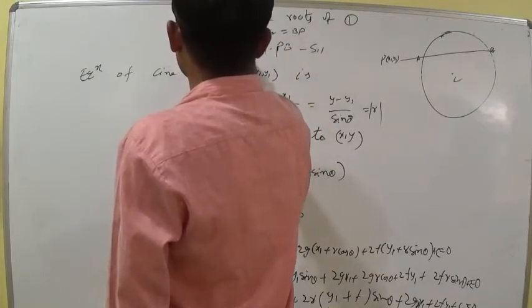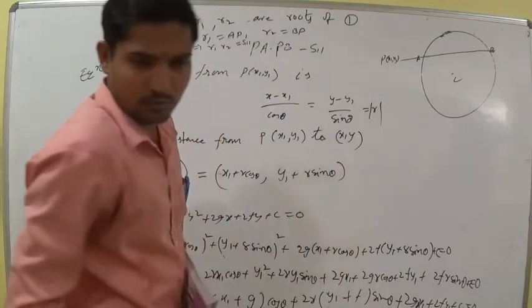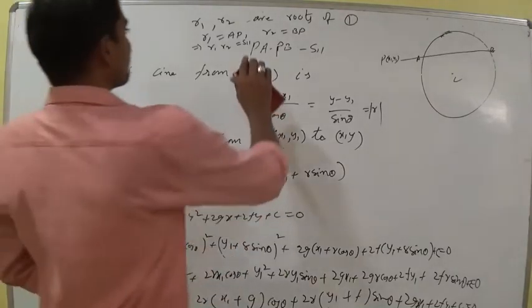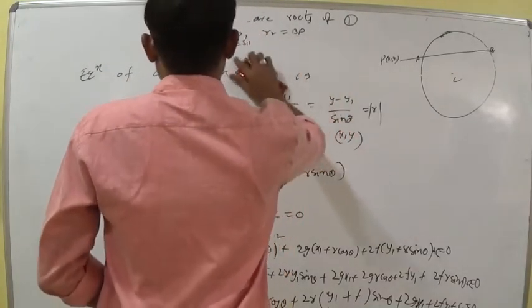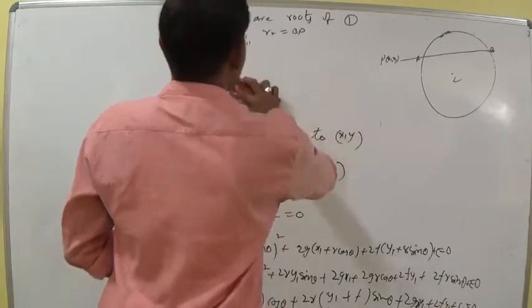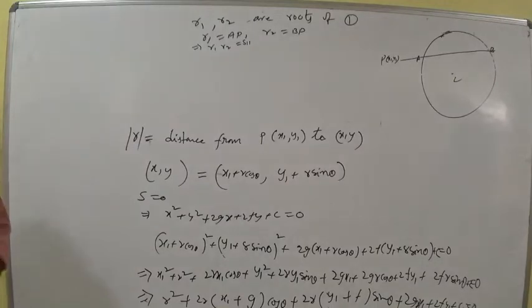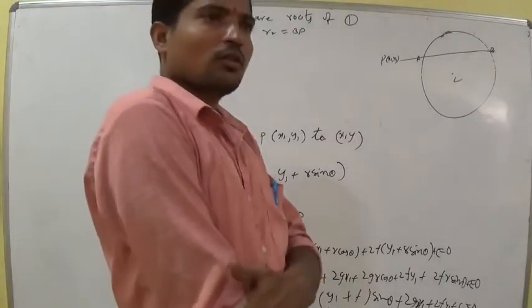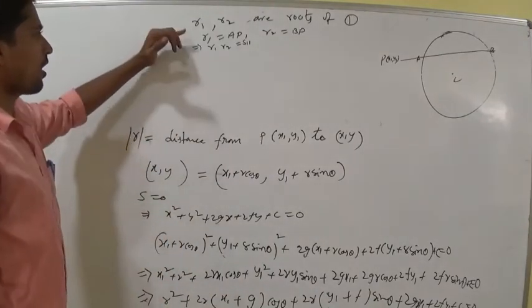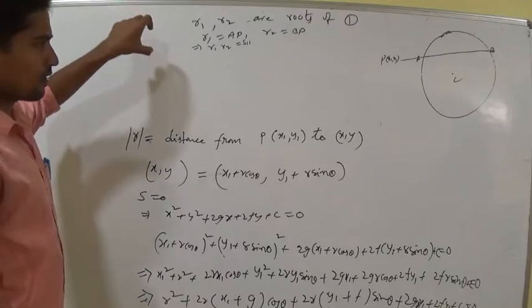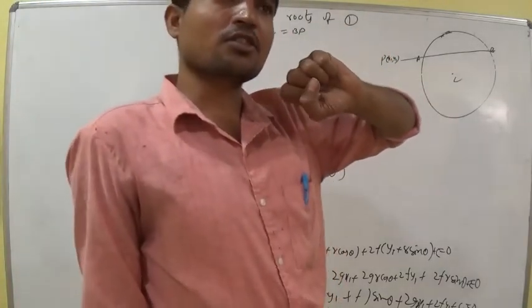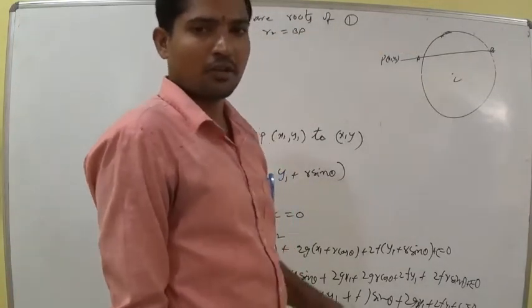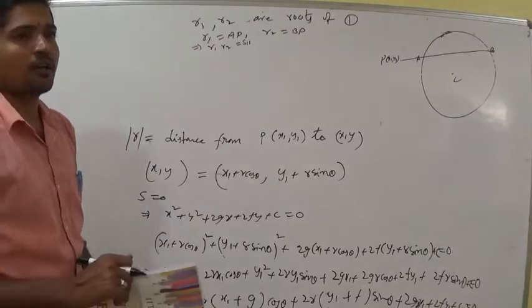That implies r1 r2 is equal to S11. So r1 is the distance between A and P, and r2 is the distance between P and B, which represents their product is equal to S11.